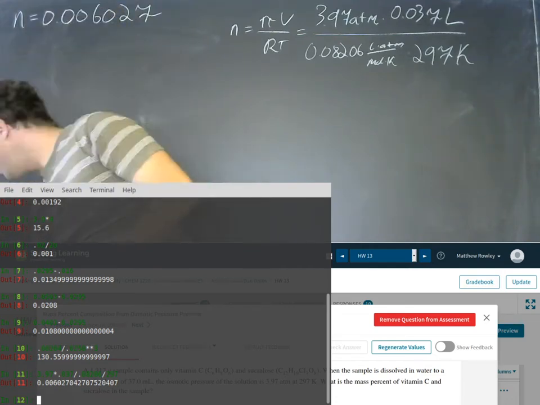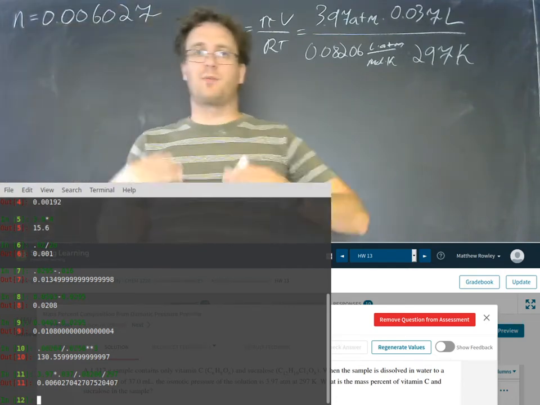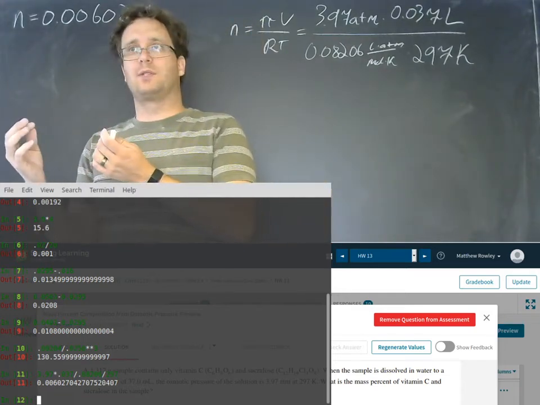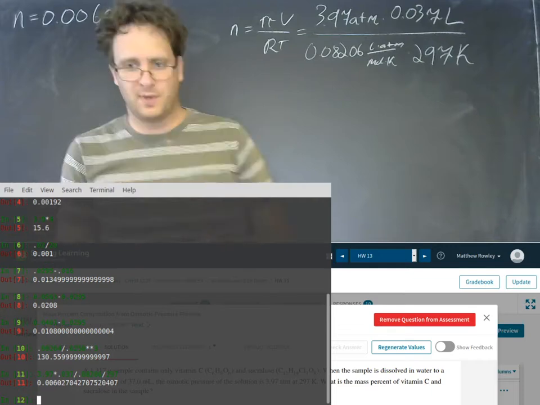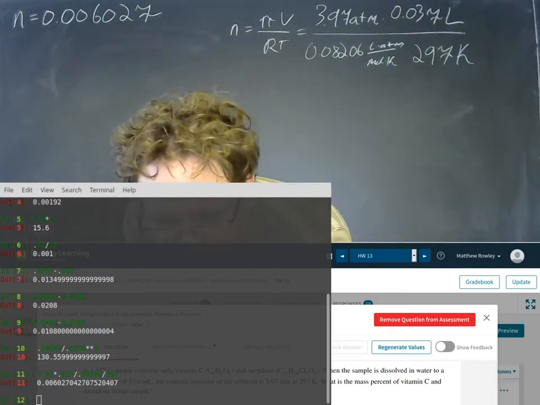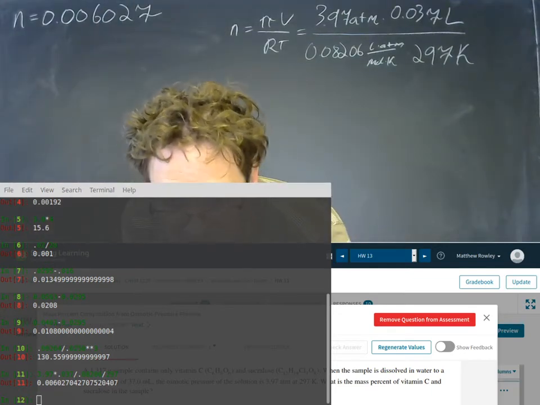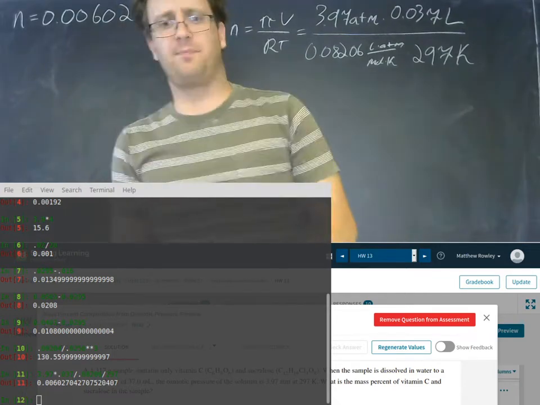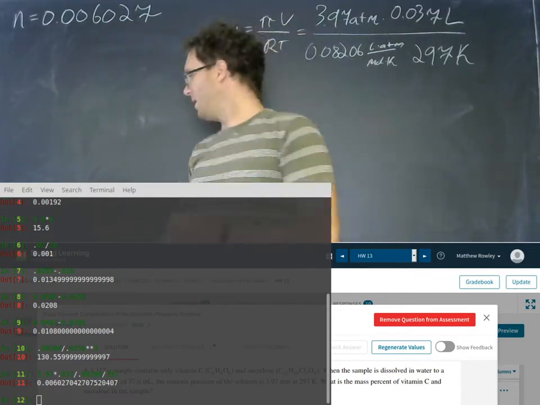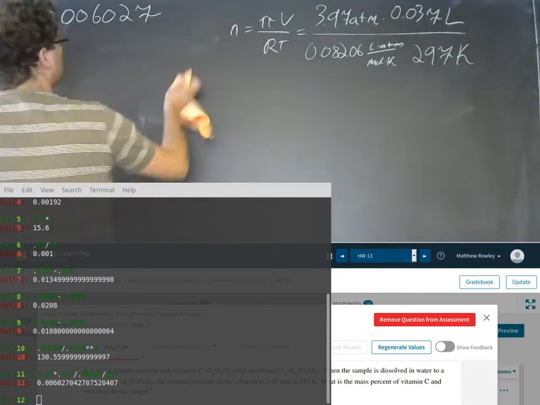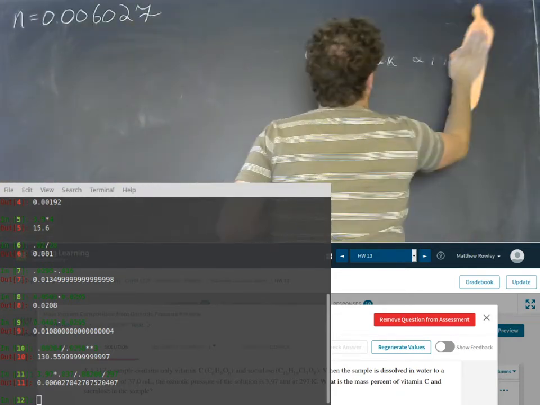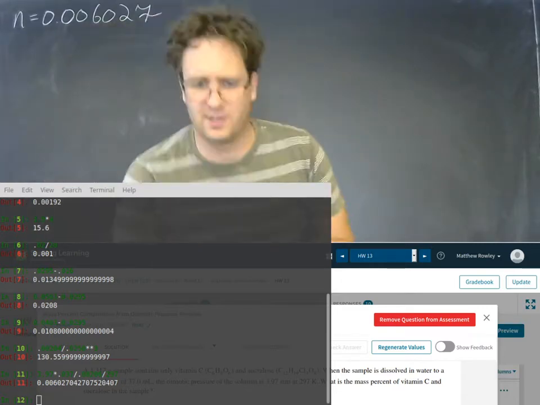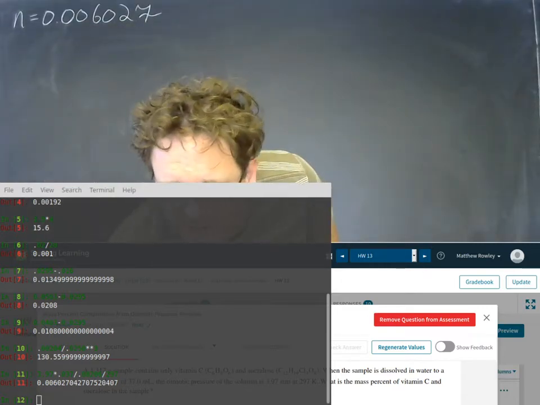Now that's the total number of moles of sucralose and whatever the other compound is, vitamin C, combined. And so how does that help us? Well, we're going to have to build up a system of equations that are going to sort of help us out here.